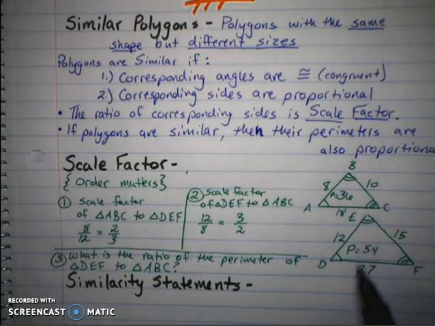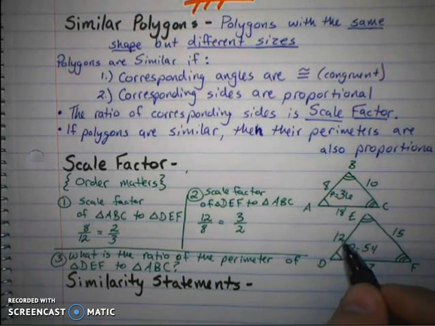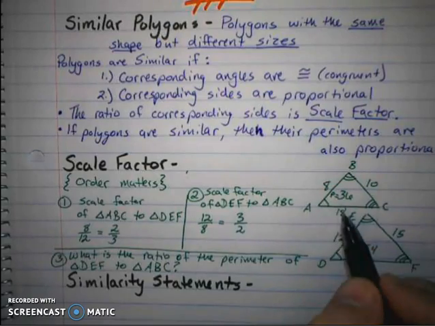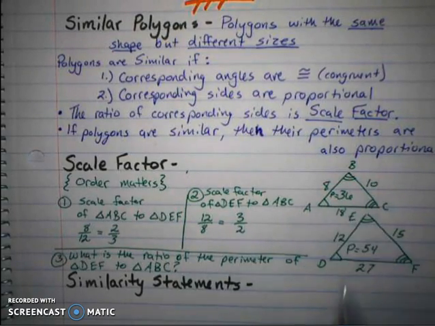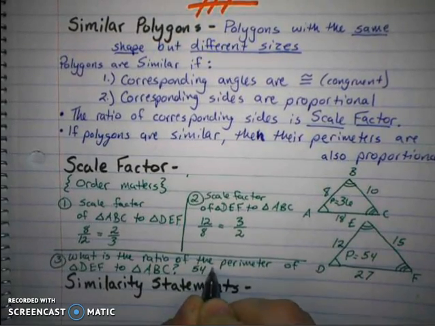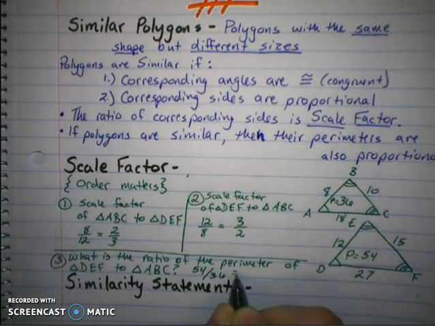Okay? So if we look at the individual perimeters, if I add up 12, 27, and 15 for triangle DEF, I get a perimeter of 54. And for triangle ABC, if I add up 8, 18, and 10, I get 36. So I can start with that and say the perimeter ratio is 54 to 36. And then I can reduce that.